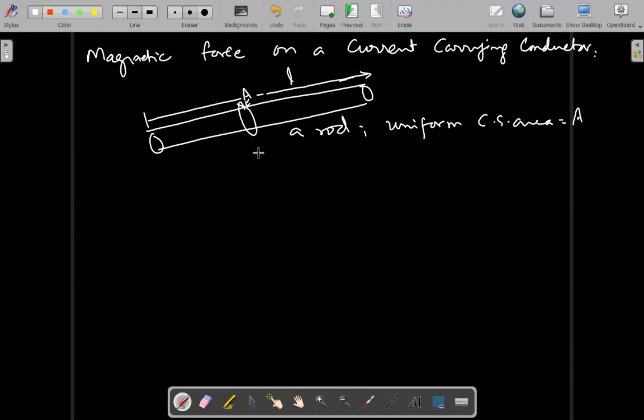One kind of mobile carriers, for example, the charge carriers can be electrons, or the charge carriers can be some positive charges.